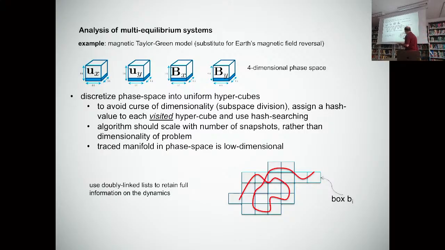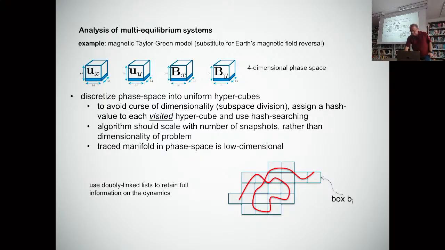And we're going to trace this. So this is our hypercube. Our evolution equation is here. Maybe there's a snapshot in this hypercube. Then we go here. Maybe 4 snapshots are in this hypercube, and so on. And we're going to trace out our entire simulation. We introduce new hypercubes as they get populated, or we add to the ones that are already there.